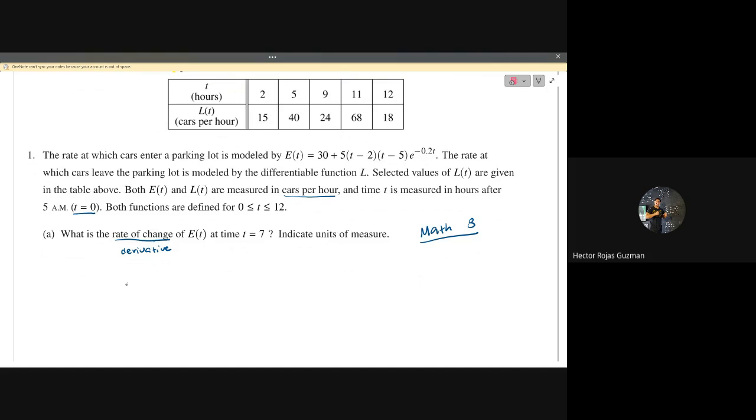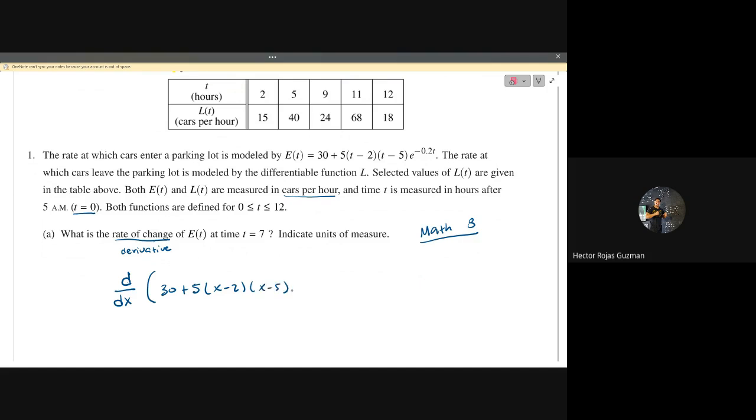The calculator setup is going to be something like this. It's going to be d dx of E of t. You're going to plug in your whole equation, 30 plus 5x minus 2x minus 5 e to the negative 0.2x at x equals 7. Again, this is something you don't have to show on the test yourselves. I'm just showing you what you're going to see in the calculator.